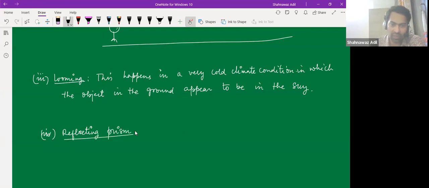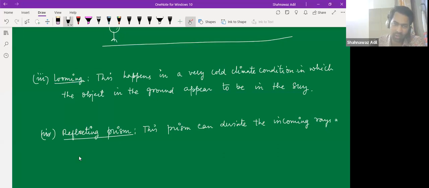So you have a reflecting prism, and this reflective prism can deviate the incoming rays at 90 or 180 degrees, right?